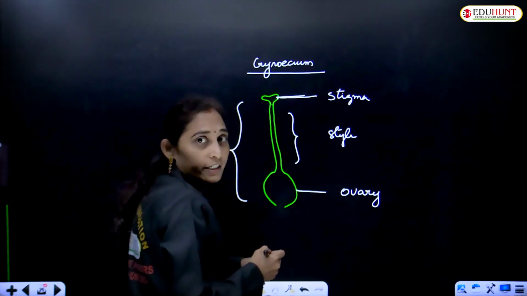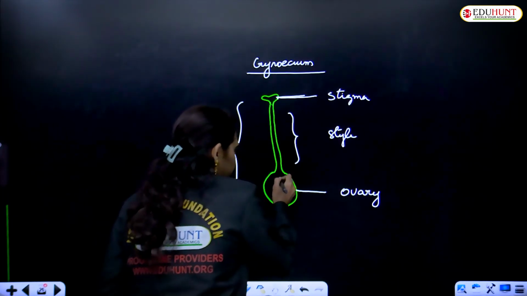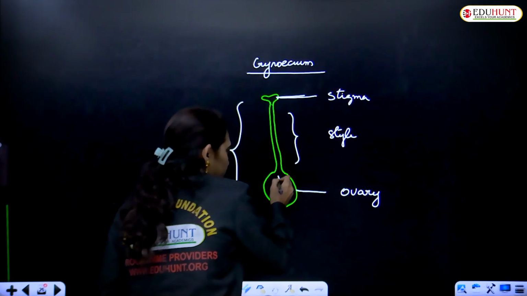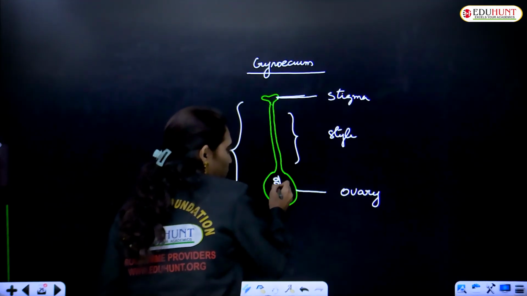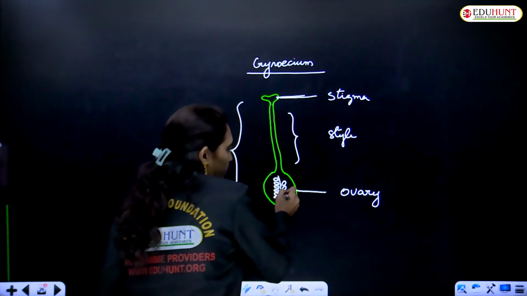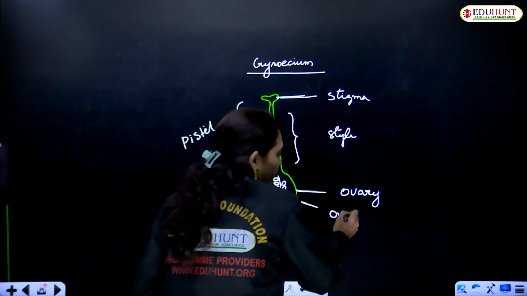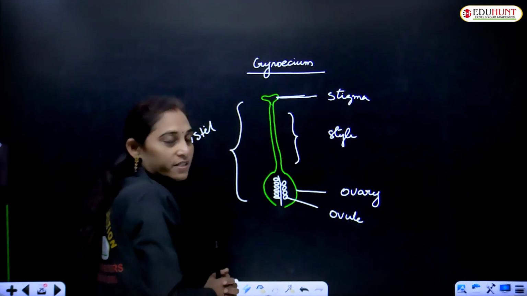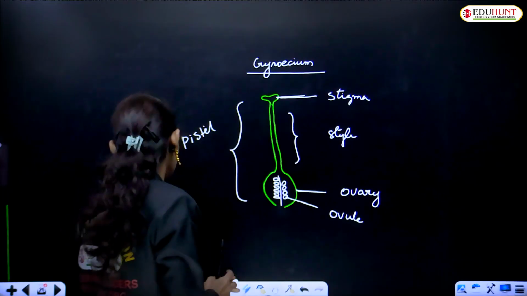In the ovary, there are ovules. This is the actual structure of the gynoecium.